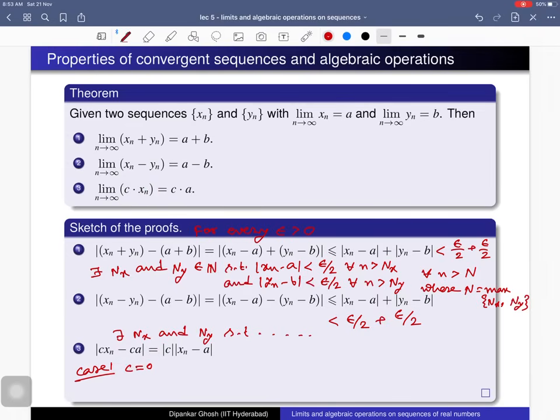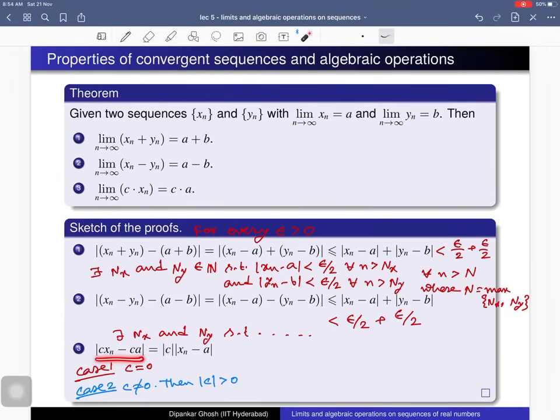Next, consider case 2. c is non-zero. Then if we consider this absolute value, it is something positive, because we are considering c non-zero. And we again want to verify the epsilon-n condition. So we want to prove that for any prescribed epsilon, this distance should be less than epsilon beyond a certain stage, after some values of n.